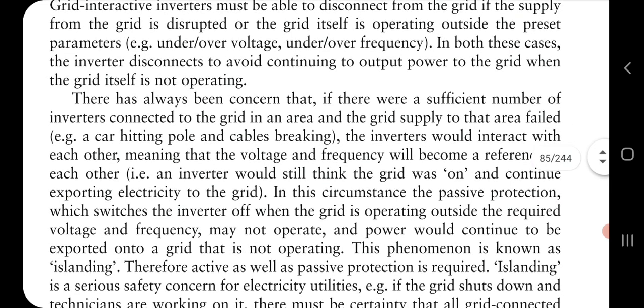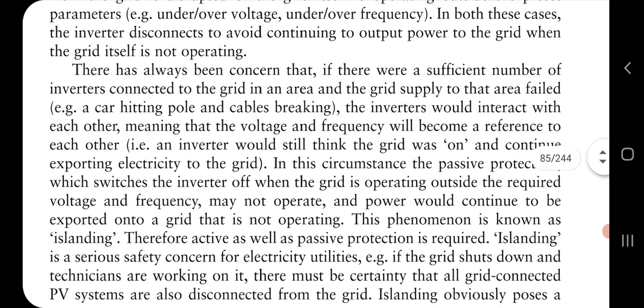For example, a number of PV inverters are working, and one of the poles is hit by a car. The frequency of the particular inverter won't match, there may be a variation, the cable breaks or something happens, it automatically checks with the grid and disconnects. Before, such things were not there.